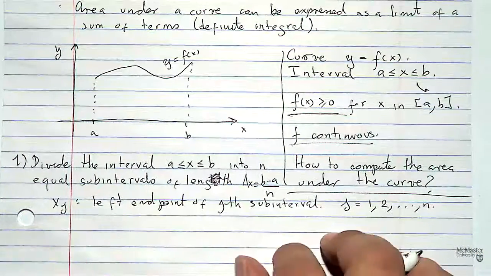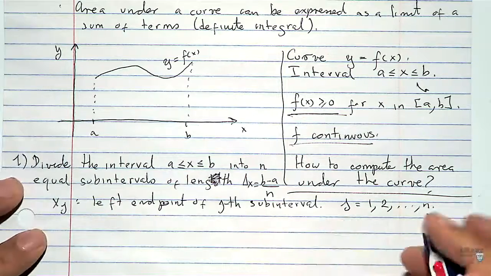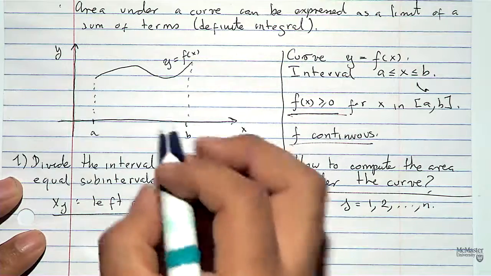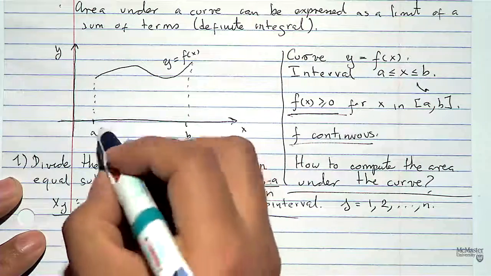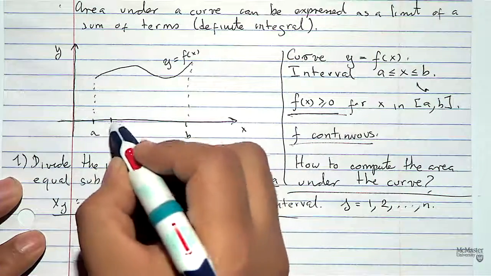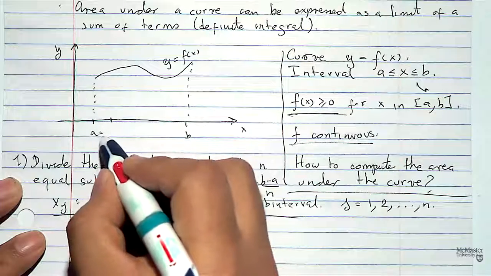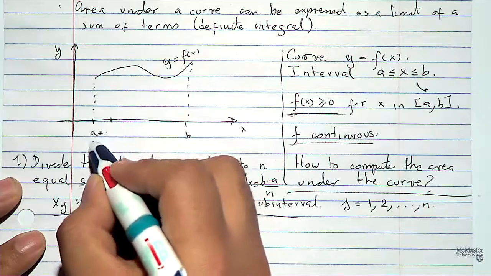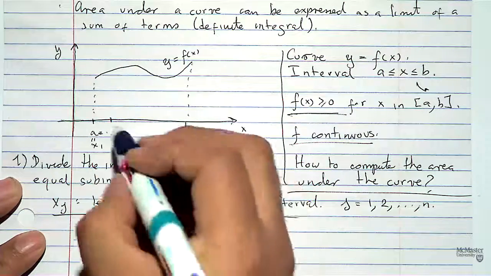So now let's make a picture to illustrate the process, right? So we'll have n subintervals. We're talking about the left endpoint. So for the first subinterval, actually my left endpoint is this one. It is a, so a is equal to x1. Let me write here, a equal to x1.